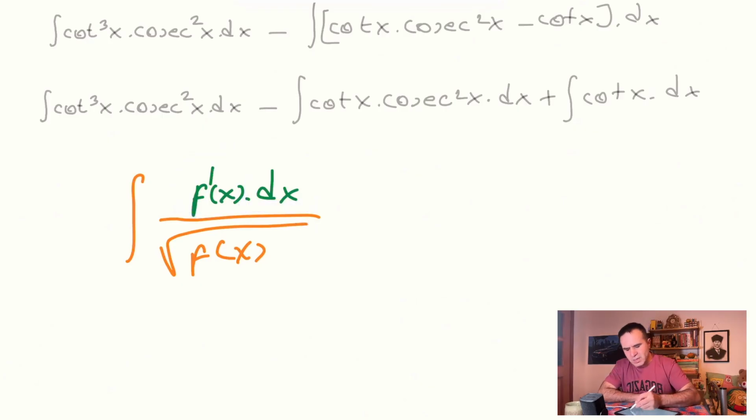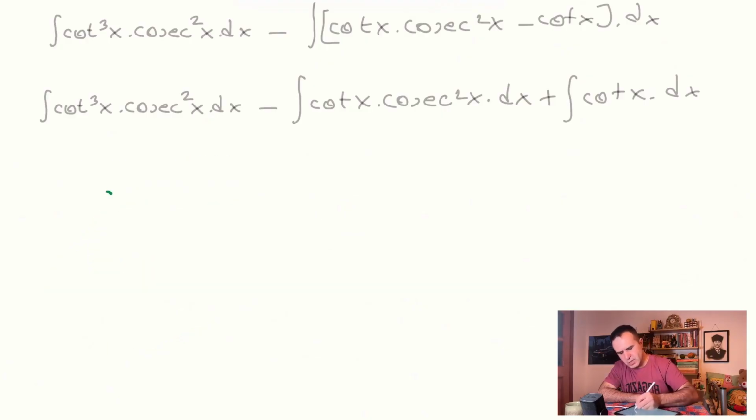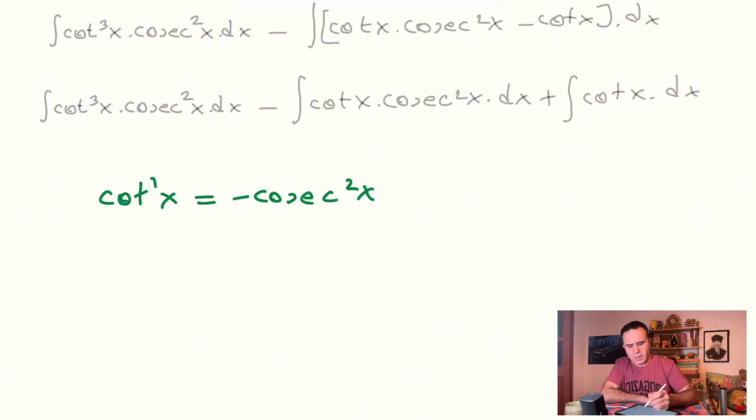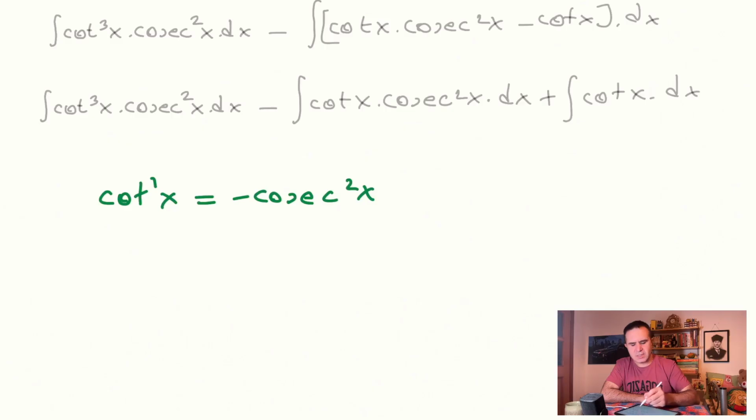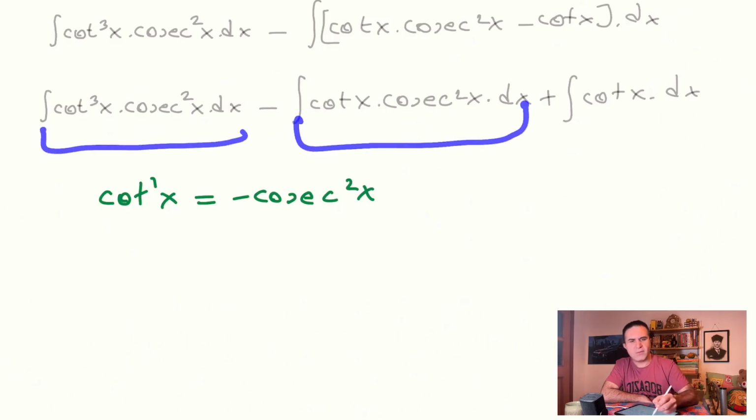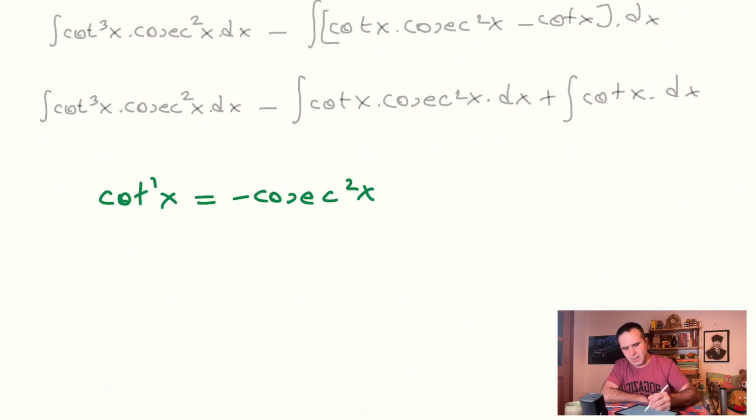We know that the derivative of cotangent x is equal to minus cosecant square of x, and this minus is not important. Since the derivative of this is cosecant square of x, multiplied by dx here and here, we will use substitution for both of these integrals.